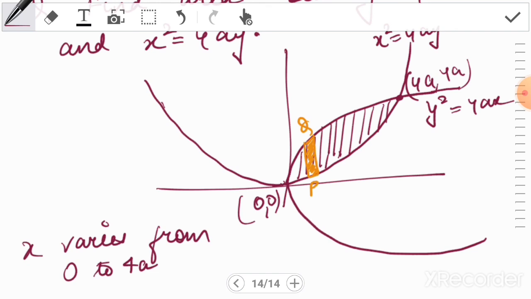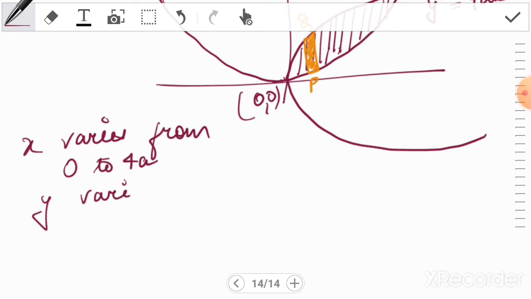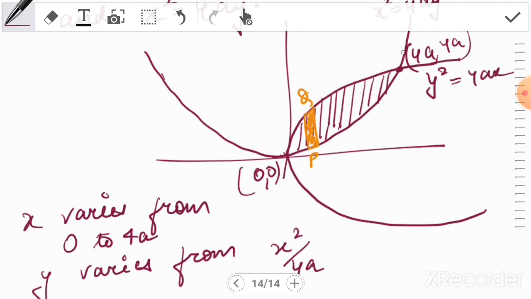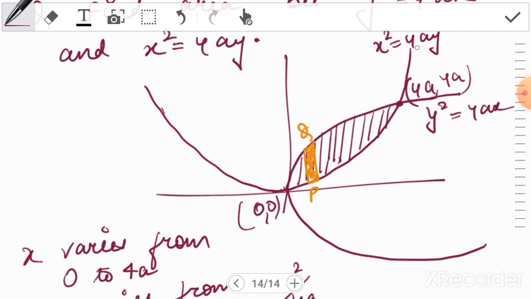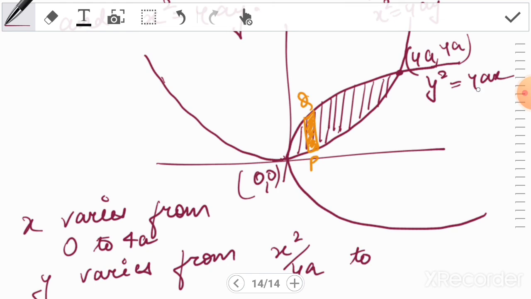and for y, the lower limit lies on x square is equal to 4ay and the upper limit lies on y square is equal to 4ax. So y varies from x square by 4a, the lower limit, to root under ax.